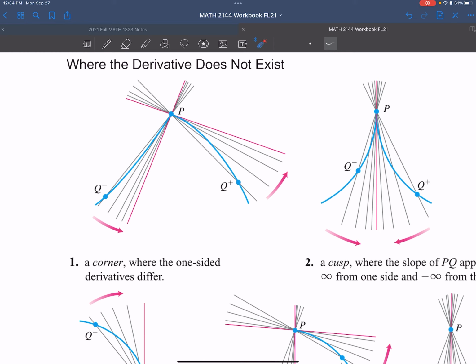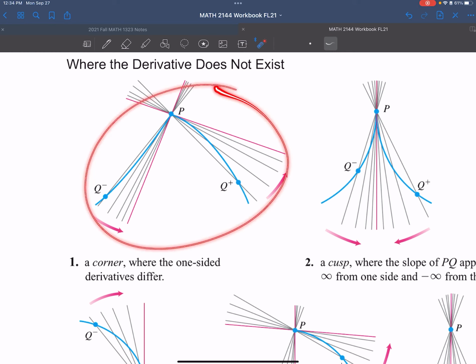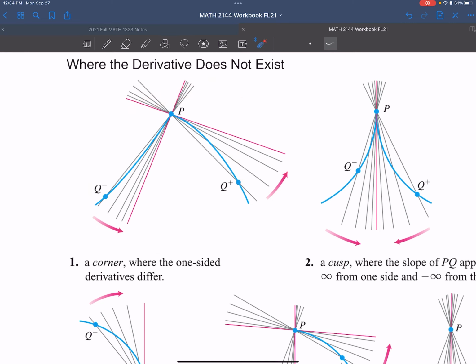This is the exact same scenario as where we had an absolute value. This is just more general. Whenever you have a corner or a sharp turn, the derivative does not exist there. This is probably the most common one we'll see in calculus. It's just easily described in terms of piecewise functions. We have the absolute value as something concrete for it.